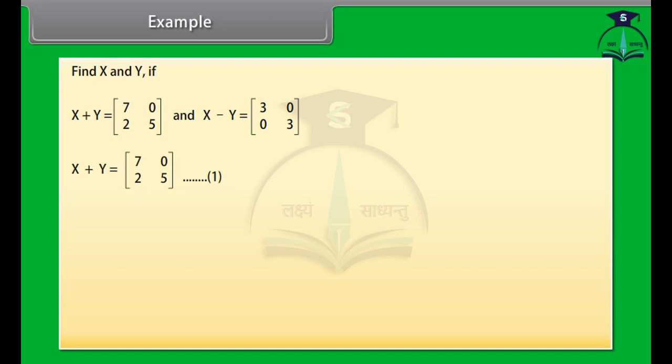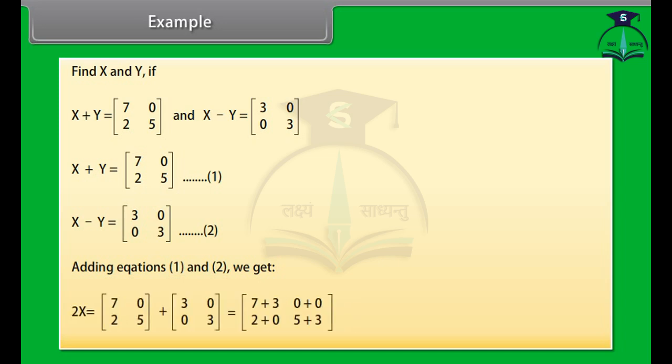Solution: given X plus Y and X minus Y, mark them as 1 and 2. Now add the equations 1 and 2, we get 2X is equal to the matrix, row-wise, first row 10 0, second row 2 8. Therefore, X is equal to the matrix, row-wise, first row 5 0, second row 1 4.